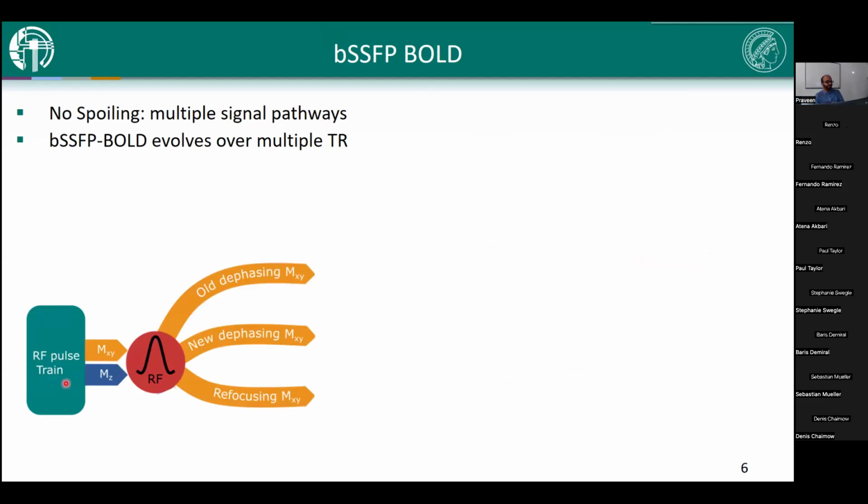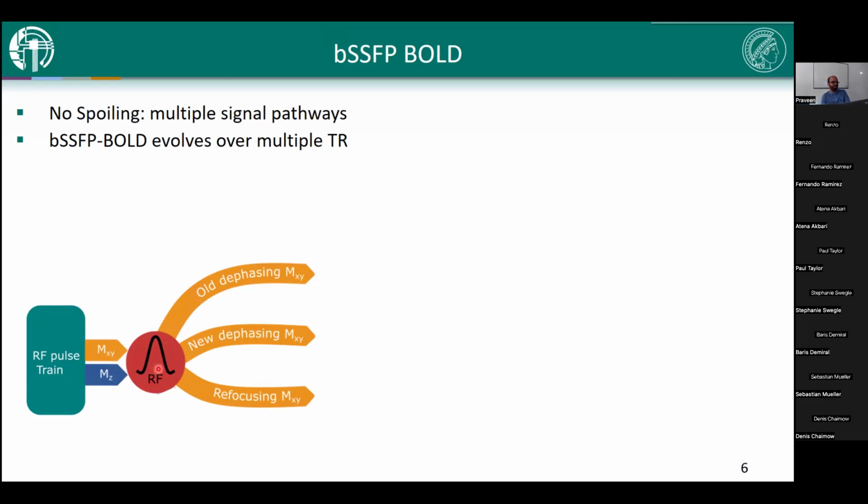When you have an RF pulse train, you have some steady state longitudinal magnetization and decaying transverse magnetization. When you apply a low flip angle pulse, these two signal pathways generate even more signal pathways.